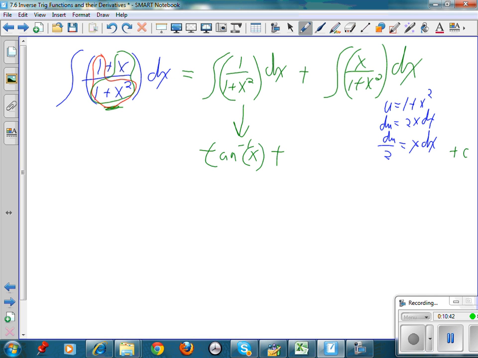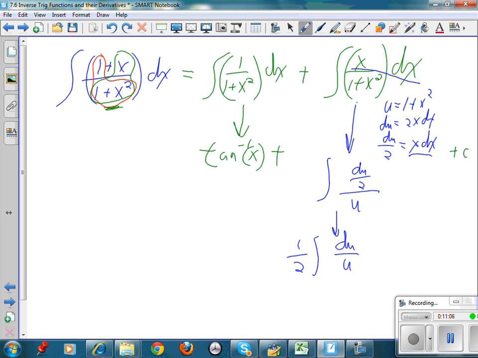Okay, so I saw the derivative here. I saw x dx is that. So then this becomes what? du over 2 over u. Which will bring that down a little more. That's going to be 1/2 the integral du over u.